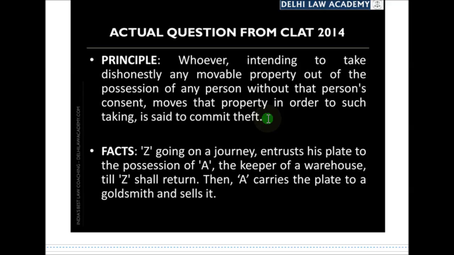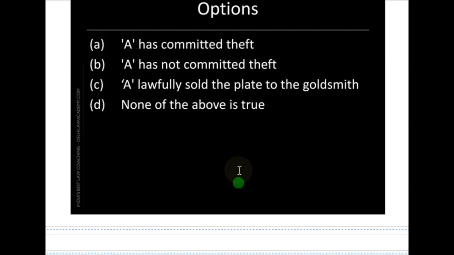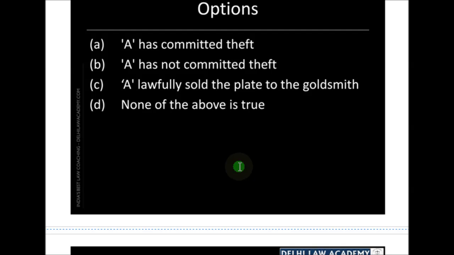Because the plate was actually given by Z himself to A. Therefore, A has not taken the possession of the plate, that is the valuable item, without Z's consent, because it was given by Z himself. And since this is the situation and the possession is not taken without that person's consent, it does not amount to theft. So now we are well equipped to answer this question.